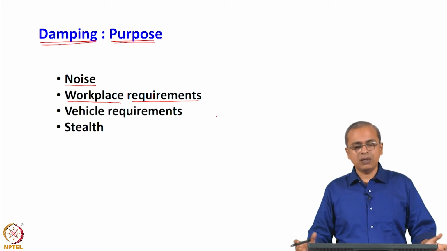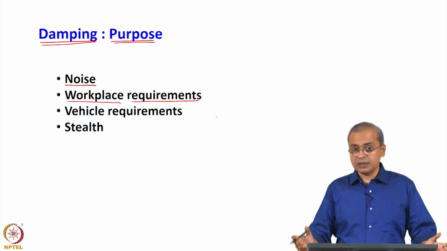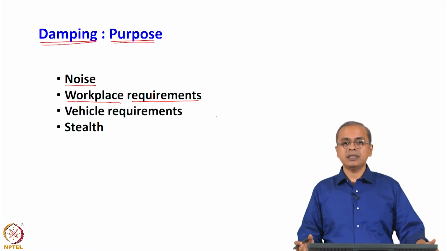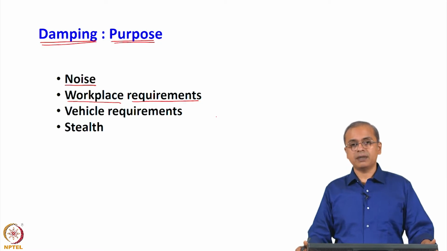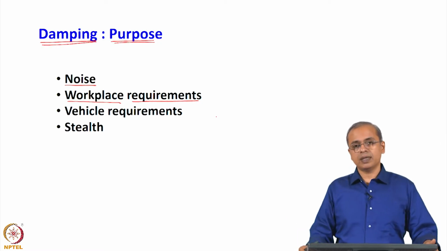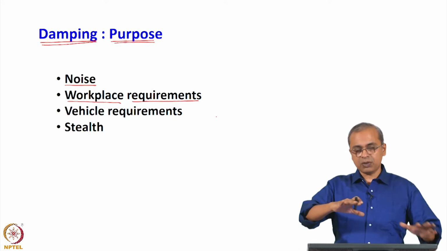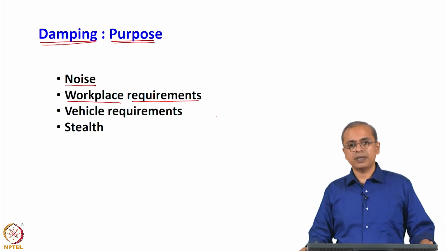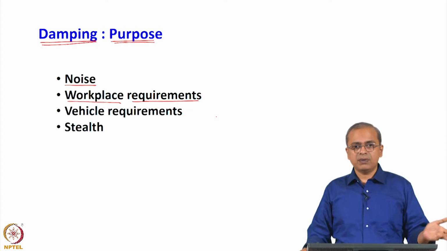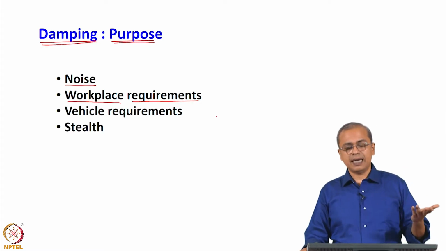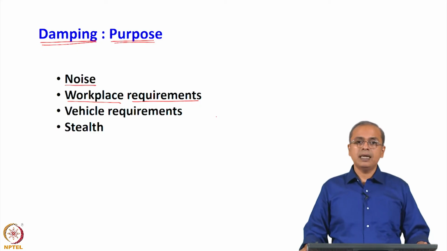So, there is some steady noise coming from the machine, and the noise itself means there is some vibration coming from that machine. The machine may also have a much more prominent vibration which may travel through the ground or be there on the workbench on which that machine is mounted. So, those things were always there, people just worked with those machines and put up with it, so to speak.